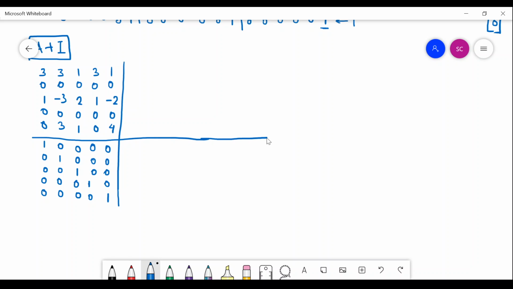So it is a bit long, so I choose this as my first pivot, then I get these.